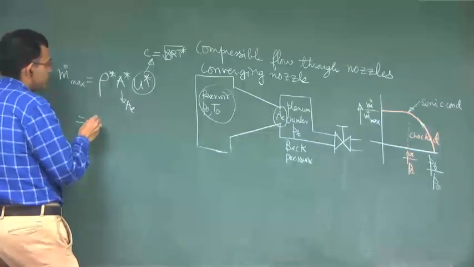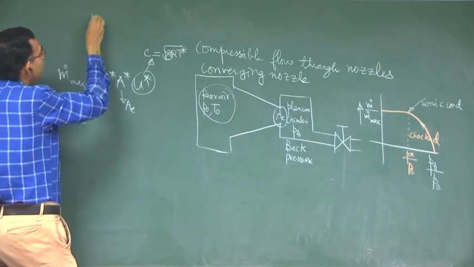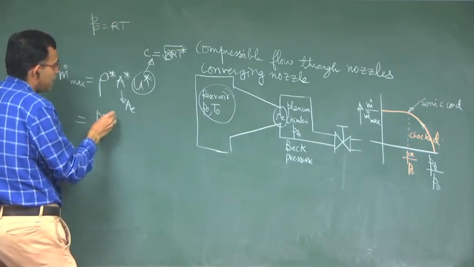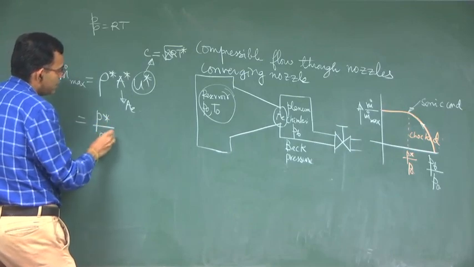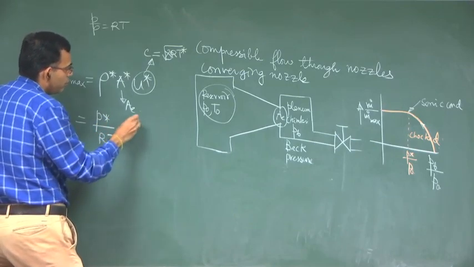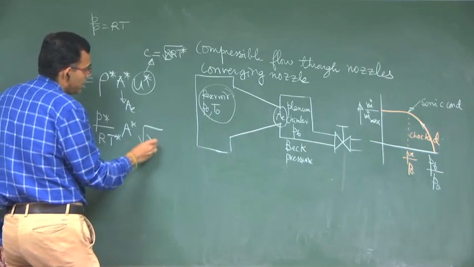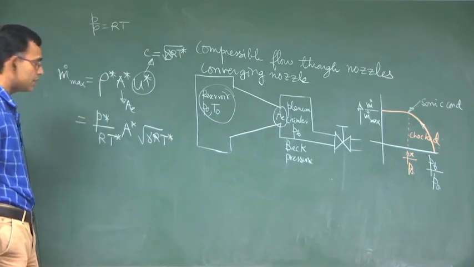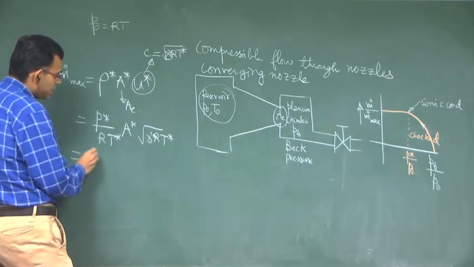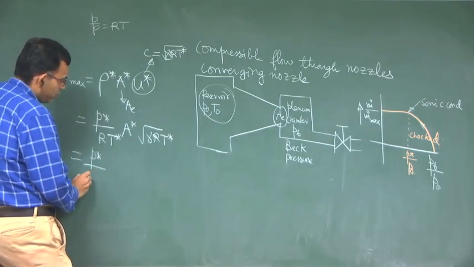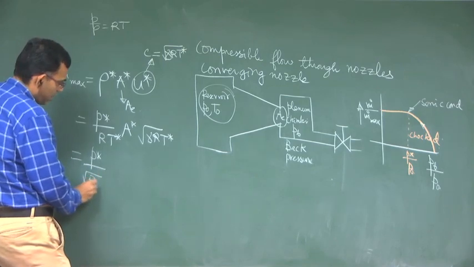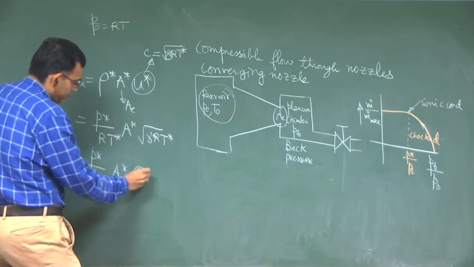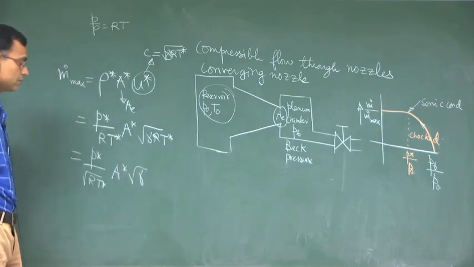Rho is, so P by rho is equal to RT. So rho is P by RT. So P star by RT star into A star into root over gamma RT star, right. So this is P star by square root of RT star into A star into square root of gamma, right.